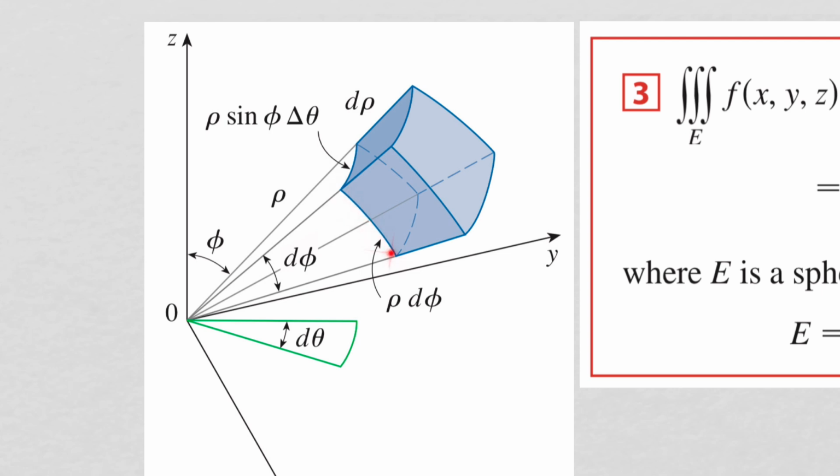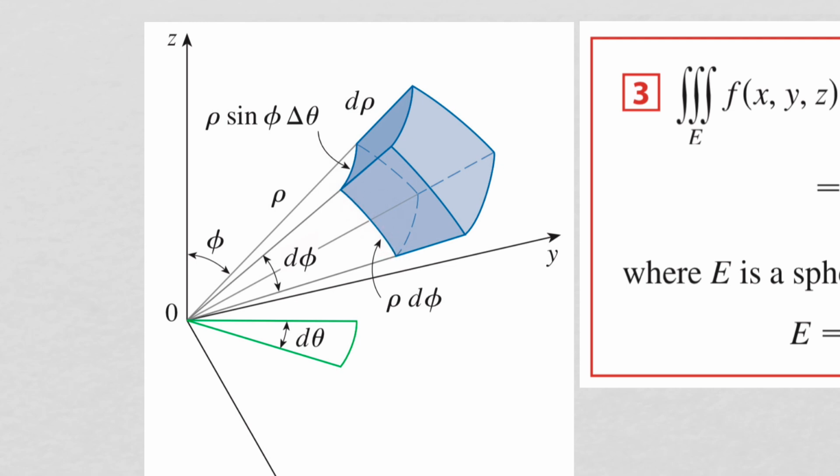Then over here, we can approximate this by simply taking rho and multiplying it by d phi. So d phi is the angle here, and rho is the distance, and we know that to get an arc length, we simply take the radius multiplied by the angle.